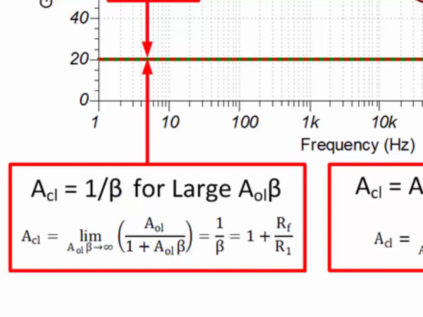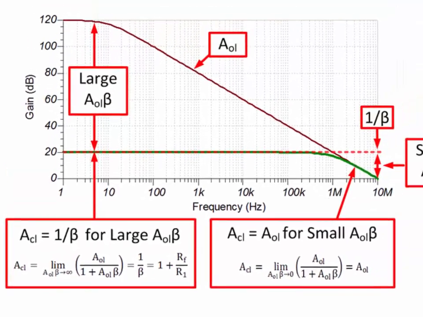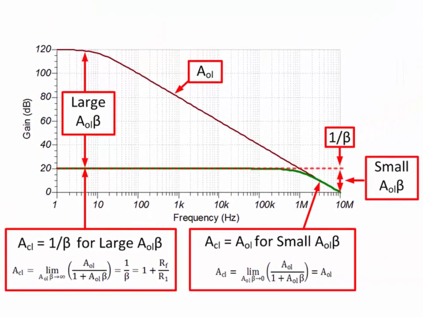Thus, the closed loop gain for large values of AOL times beta is approximately equal to 1 over beta. In this case, 1 over beta is the familiar gain equation of a non-inverting amplifier, 1 plus RF divided by R1.